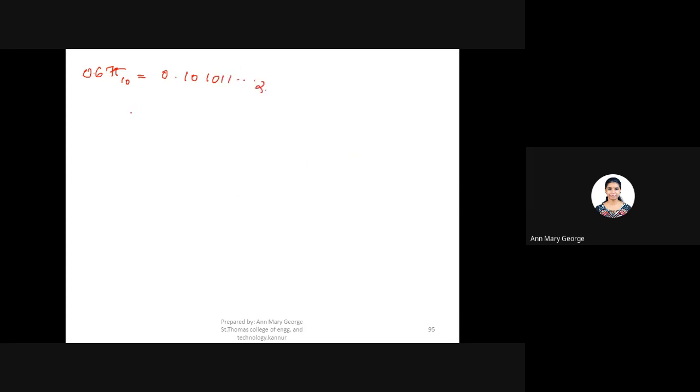After rounding, you will get it as 0.1011, that is 0.6875. Rounding I taught in the first class of this; the same procedures are used here. Therefore, you will get y of 2 as 0.6875.